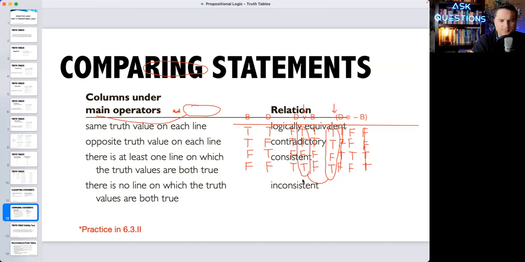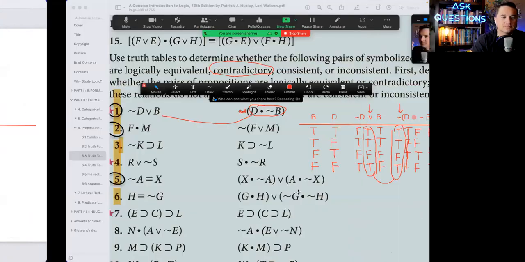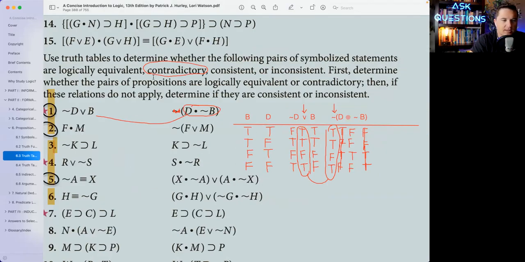So when you go line by line, instead of T, T, F, T, we have the opposite: F, F, this F turns into a T, this T turns into an F. But the original statements are not contradictory. They're logically equivalent.